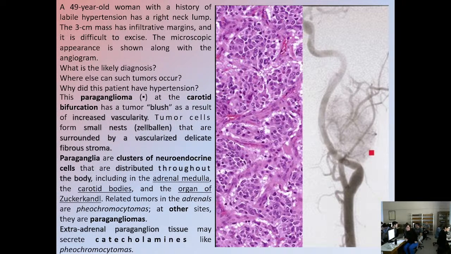Paragangliomas express only neuroendocrine markers, synaptophysin, chromogranin A. They do not express epithelial markers, no cytokeratins, no epithelial membrane antigen.